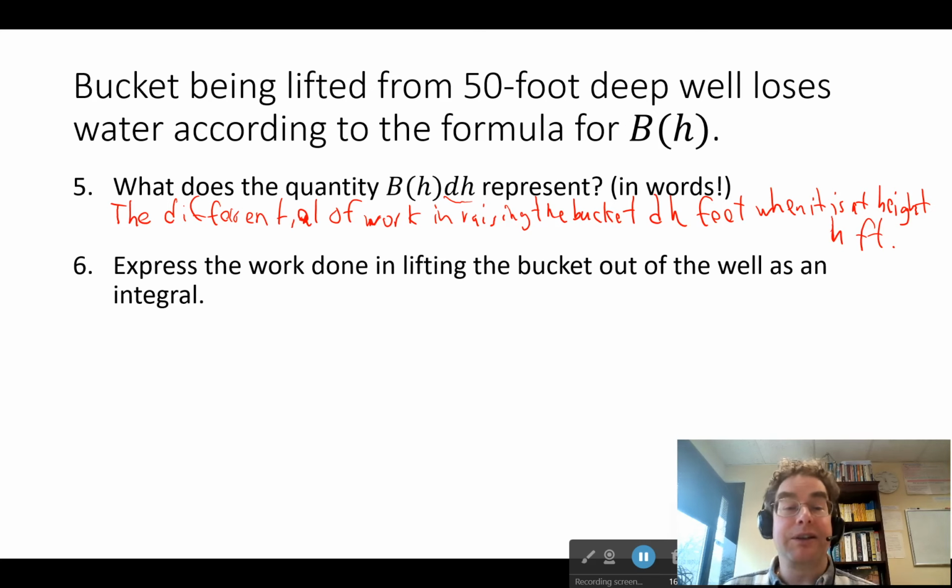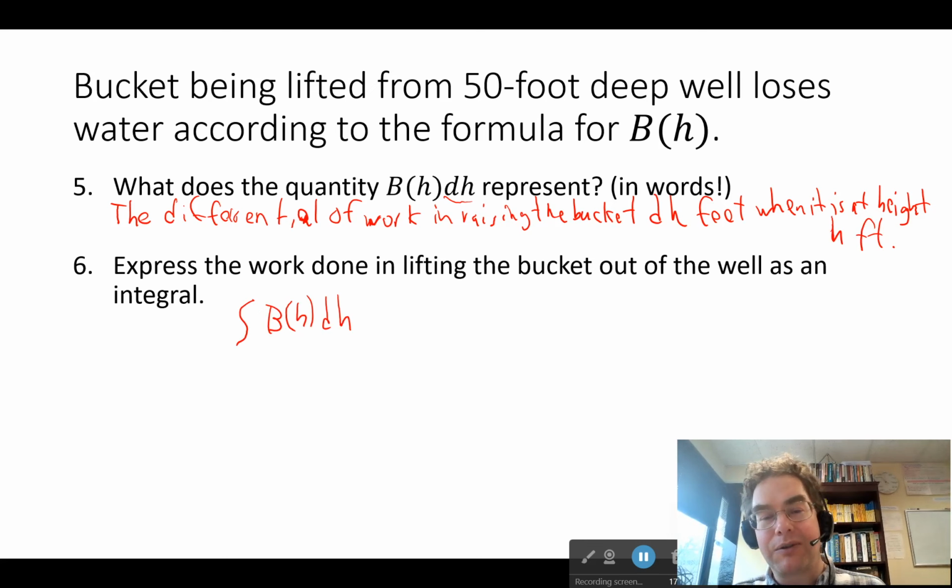So from here, we have our differential of work in number 5. What we need to do to get the total work is just add up all those differentials of work, and we know that that is going to be represented by an integral. Okay, so we will have the integral of our differential of work, which is B of H dH.